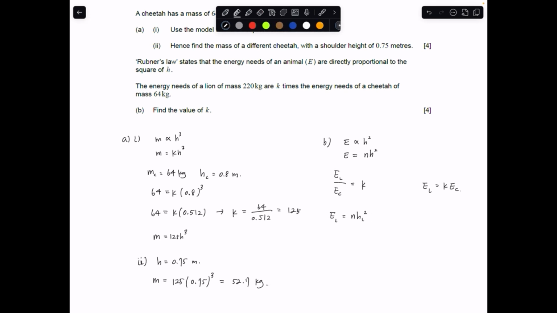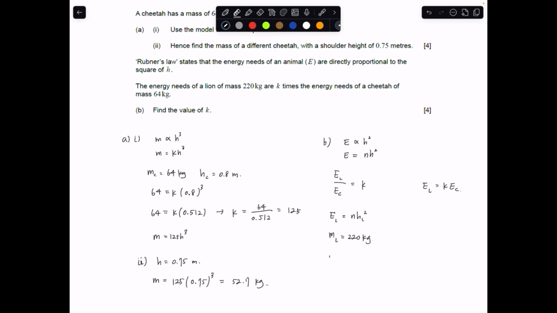And so let's go ahead and find the height of a lion. So the mass of a lion is 220 kilograms. And so we found from part A that m equals 125 h cubed, so we can use that information to find the height of the lion.